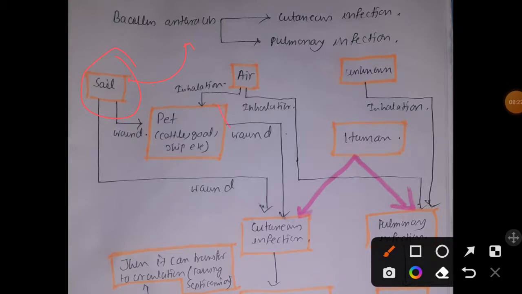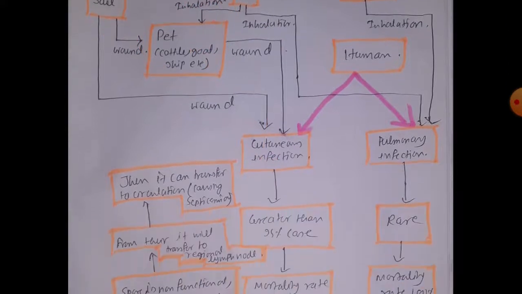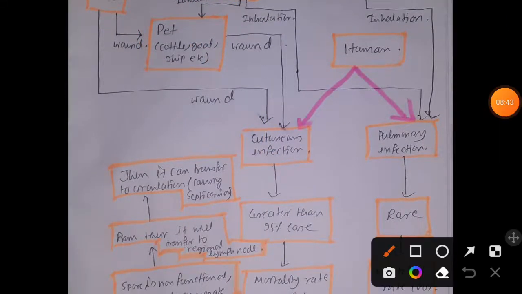But you know what, from the pet it will enter via a wound, right? So there is no direct chance that Bacillus anthracis causing cutaneous infection will enter through air, right? Now it is time to understand the pulmonary infection.